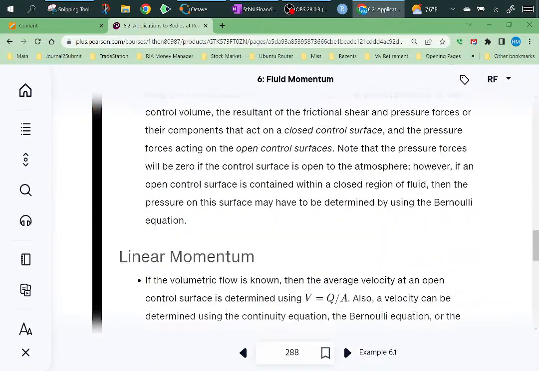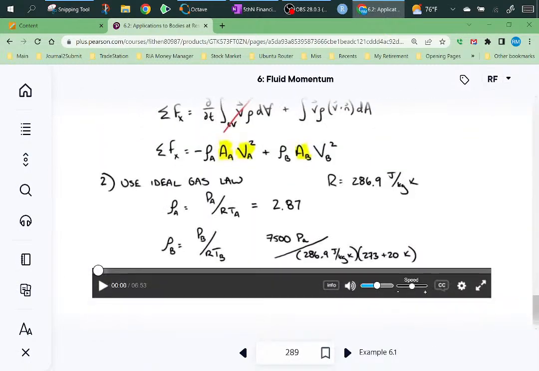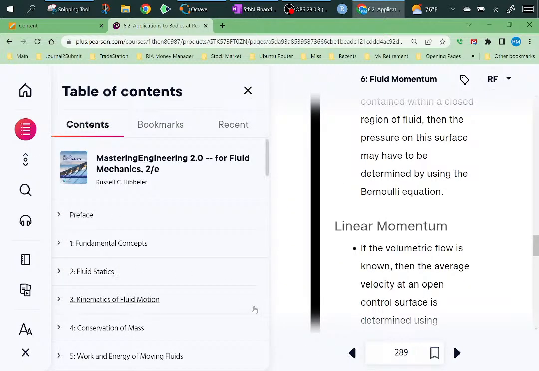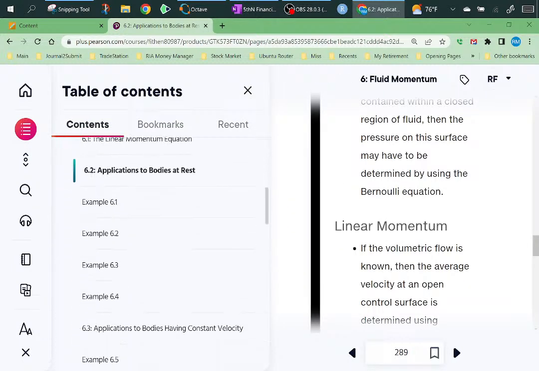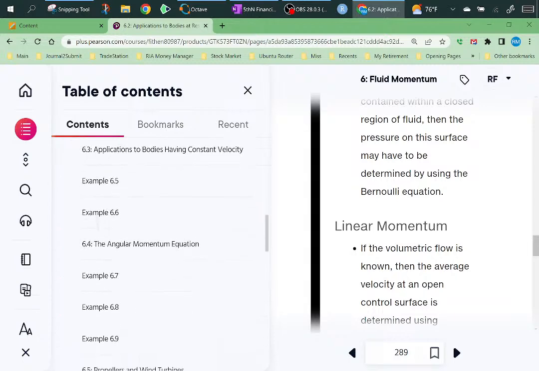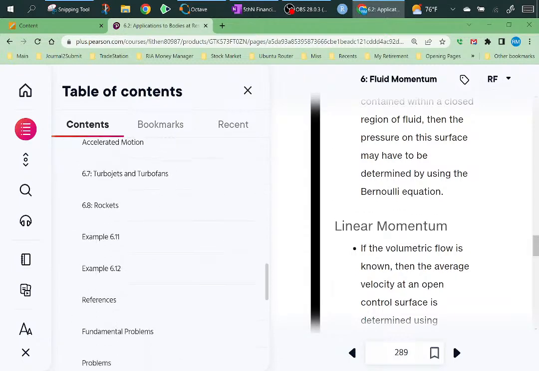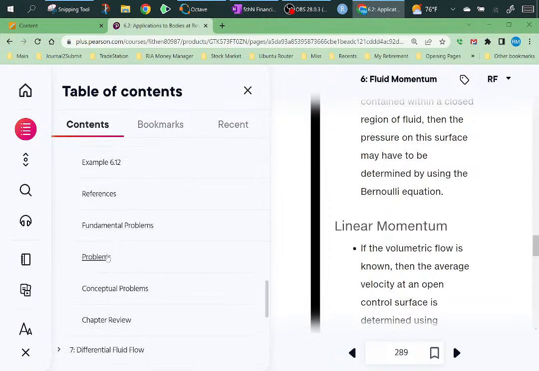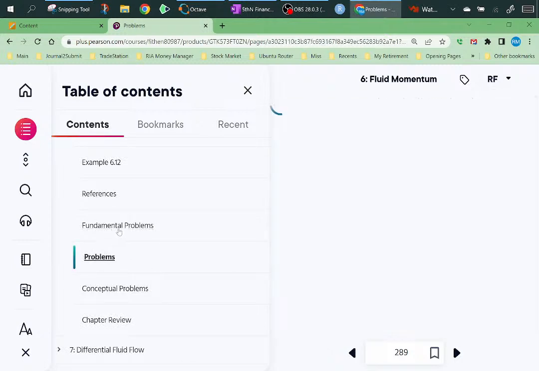I don't know what he's got here. Let me just go find a good problem. Maybe I should see the fundamental problems.